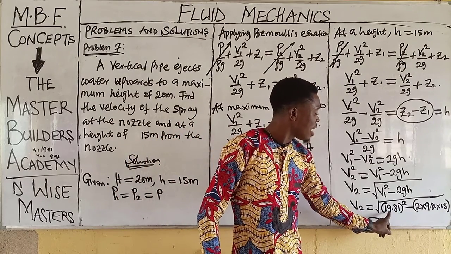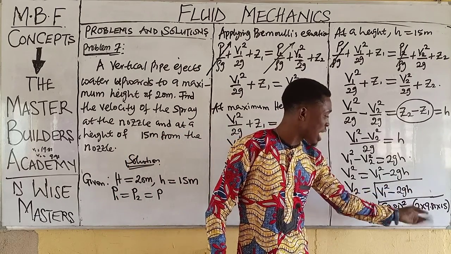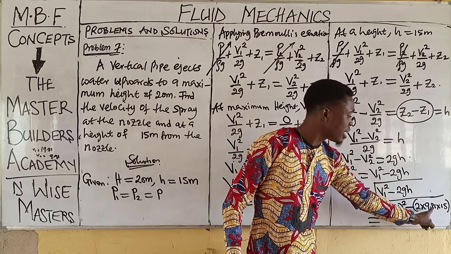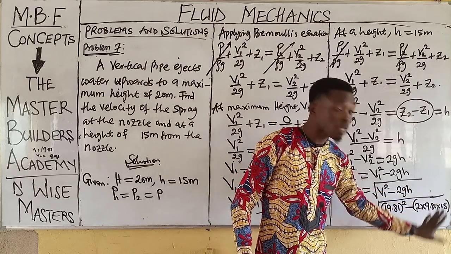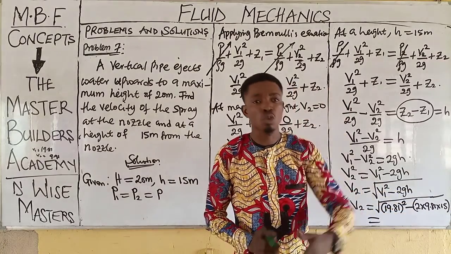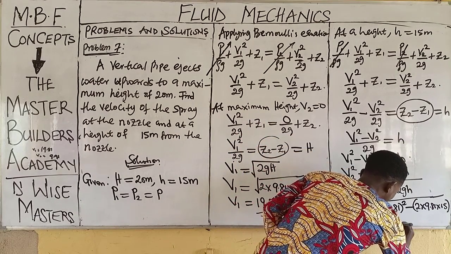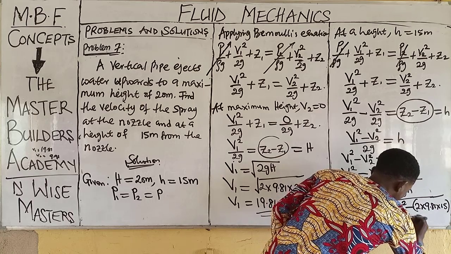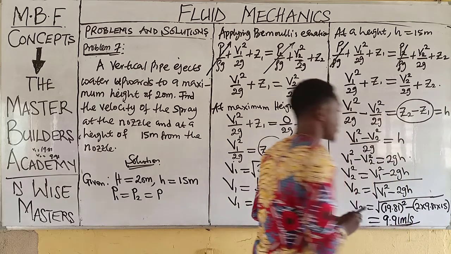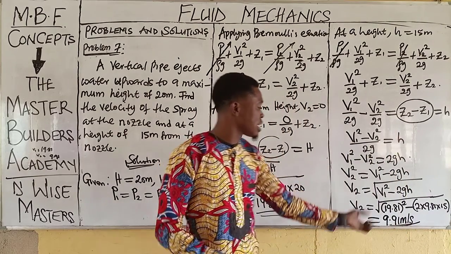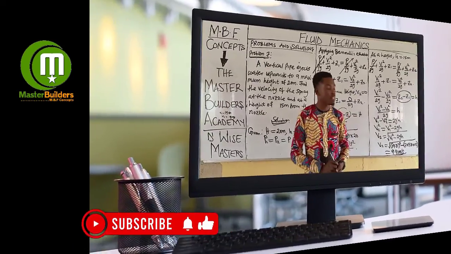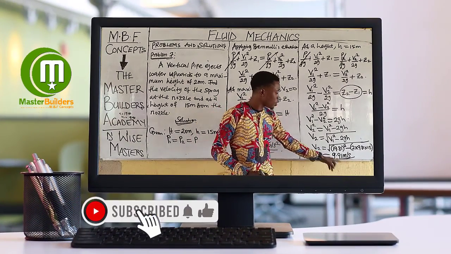Now when we find 19.81 squared minus 2 multiplied by 9.81 multiplied by 15 and find the square root of the result, our answer becomes 9.91 meters per second. This is the answer to this question. So the velocity at a height of 15 meters is 9.81.